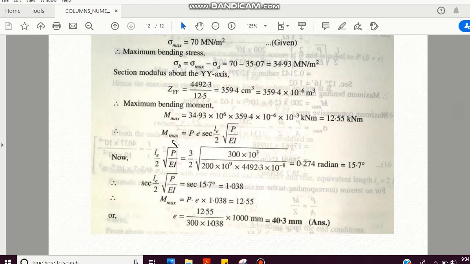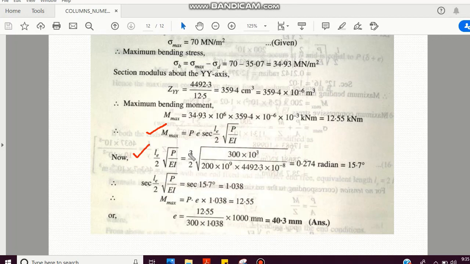And we know from the eccentricity equation that the maximum bending moment equals the load P into e, the eccentric distance, into sec (Le by 2 into root over P by EI). So now we have to find the value of Le by 2 into root over P by EI.